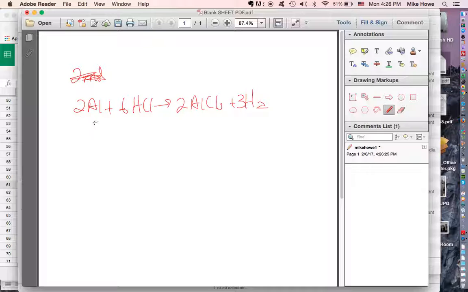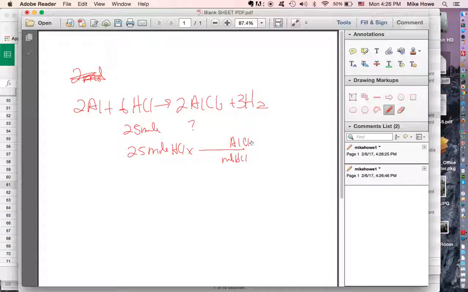What we did in the previous video, I said, well, what if you had, say, 25 moles of this, and you wanted to know how many moles of that? So you would do 25 moles of HCl times moles of HCl on the bottom, AlCl3 on the top. So you'd have 2 AlCl3 and 6 HCl. I got those numbers from up here.